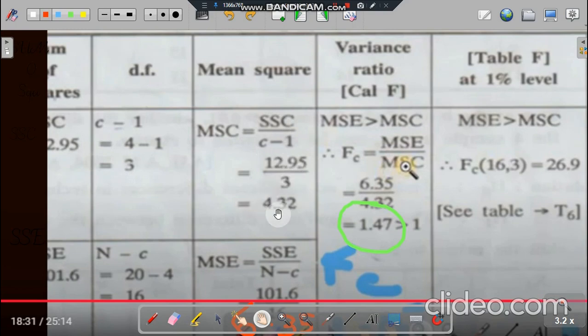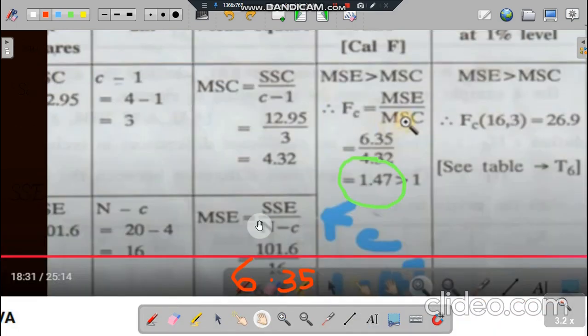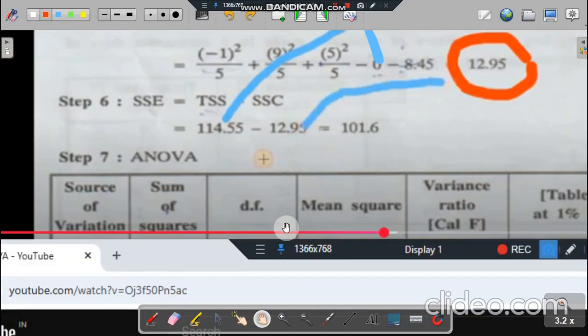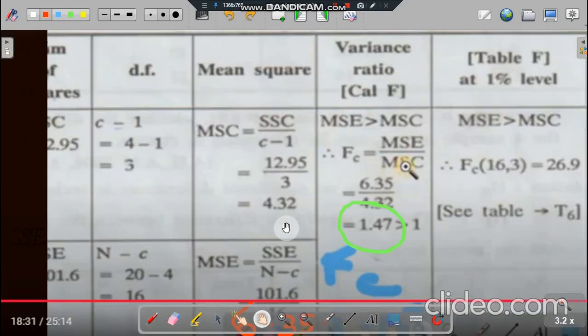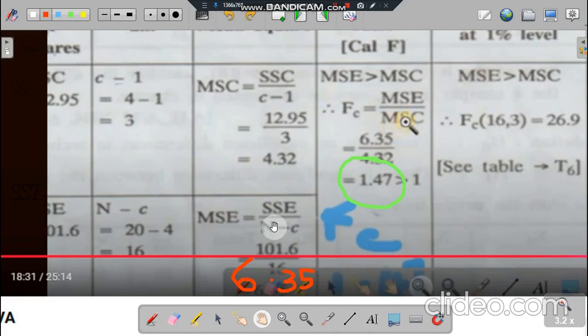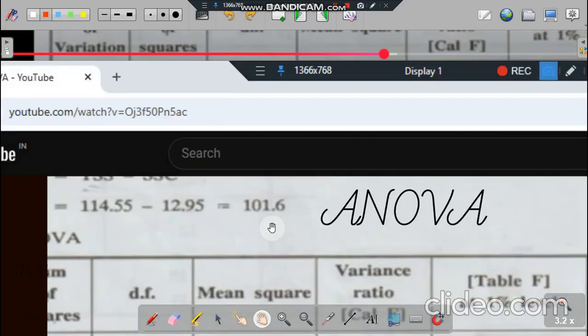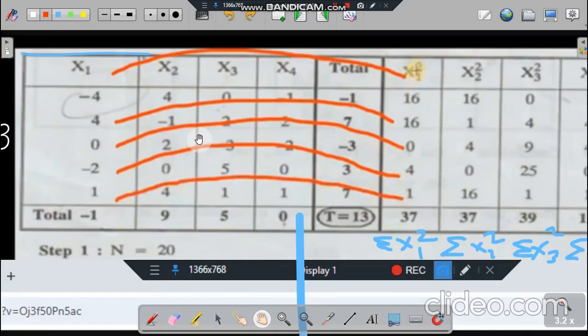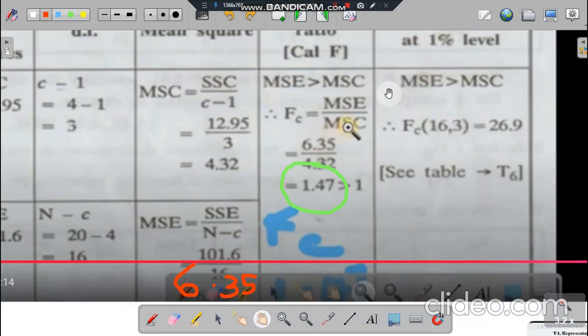We are getting one answer. And then we have to find out MSE also. MSE means SSE divided by N minus C. Already we have here 101.6 divided by N minus C. N means the total number of observations given to us. So by using the ANOVA we can get the calculated value of F as 1.47.